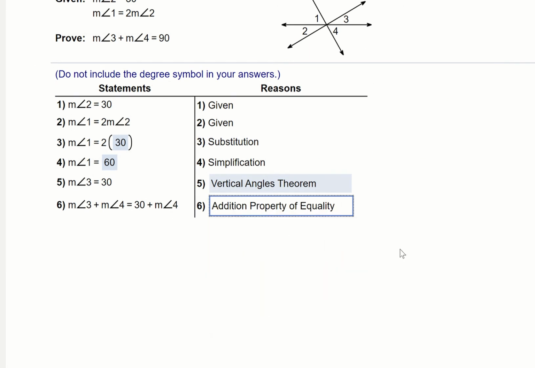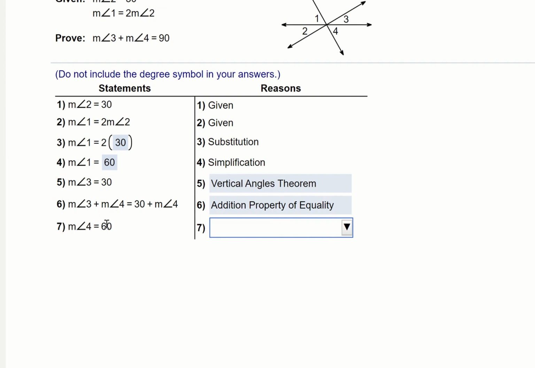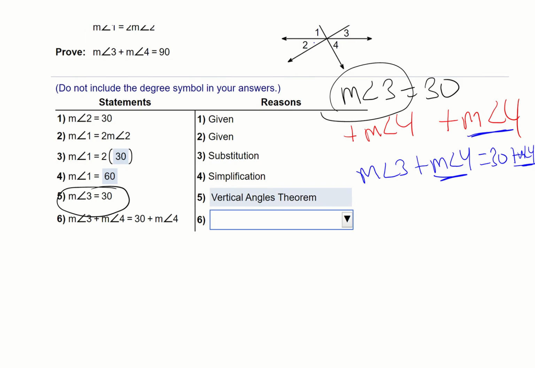So we have the addition property of equality. And then we know that angle 4 is 60. How do we know that it's equal to 60? Well, because of vertical angles. Remember we said earlier that we know that angle 1 is 60. And so by vertical angles, that means angle 4 also equals 60. So that's another vertical angle theorem.